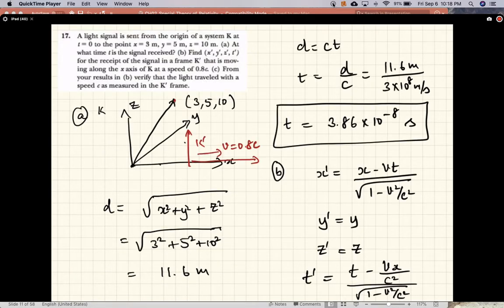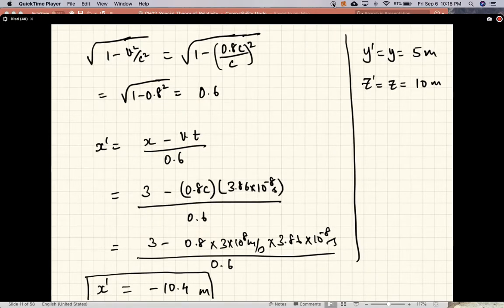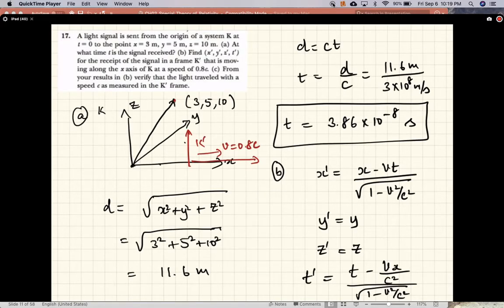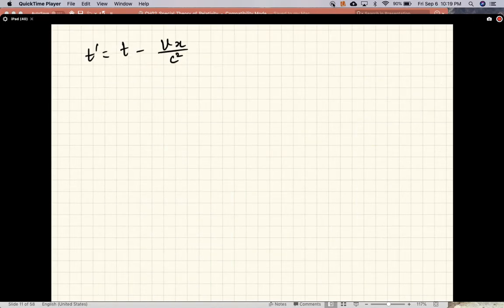And t prime is given by t minus vx over c squared, divided by 1 minus v squared by c squared.